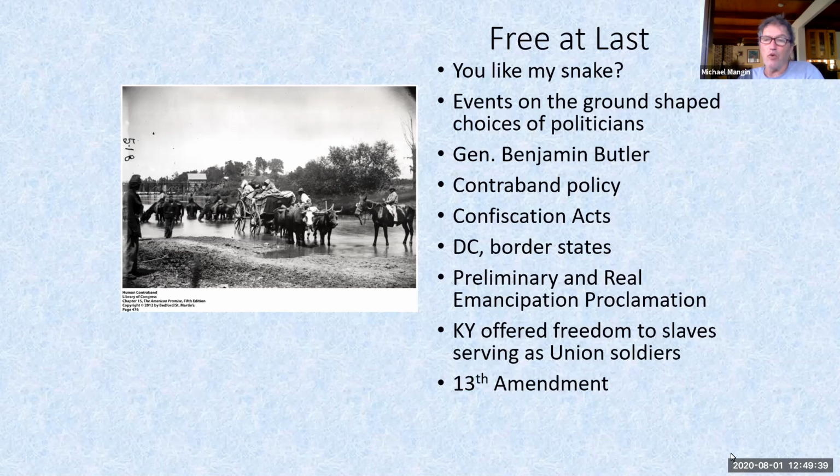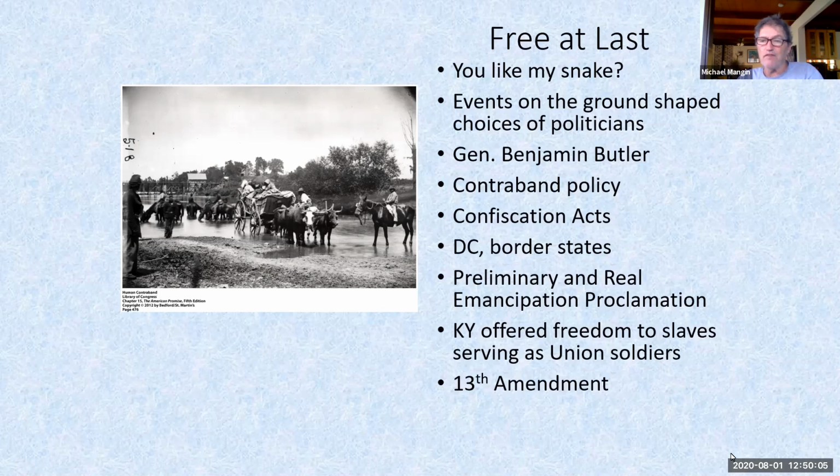Lincoln, of course, wanted to keep the loyalty of the border states. And so there was a long time before he came around to the idea of emancipation. Benjamin Butler began to notice these runaway slaves would weaken the enemy. So he began to let them into his camp.